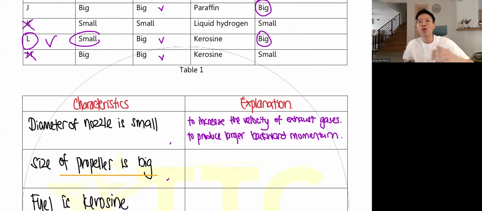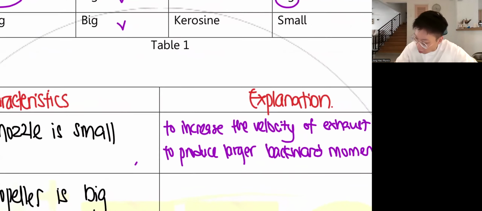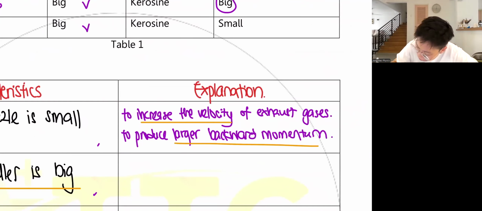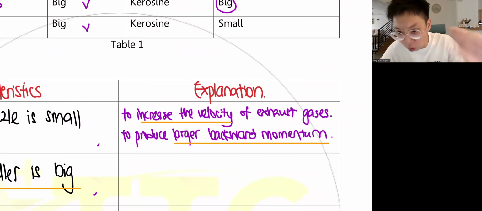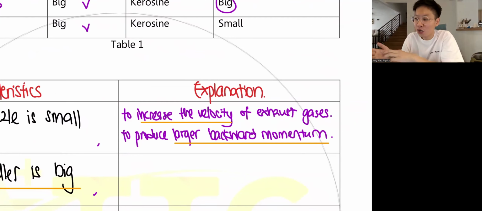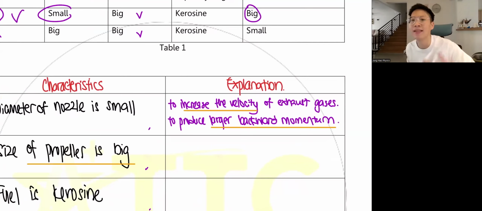So inside the schema jawapan, will it be increase the velocity or larger backward momentum? It's an unknown. You won't know which words are inside the schema jawapan. So it's like a guessing game. Therefore, I will say write more, it's better.